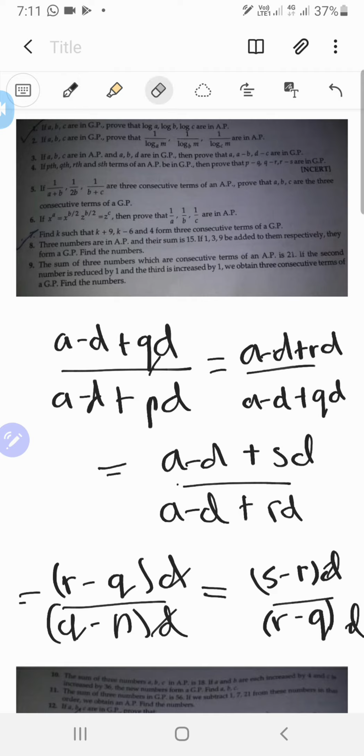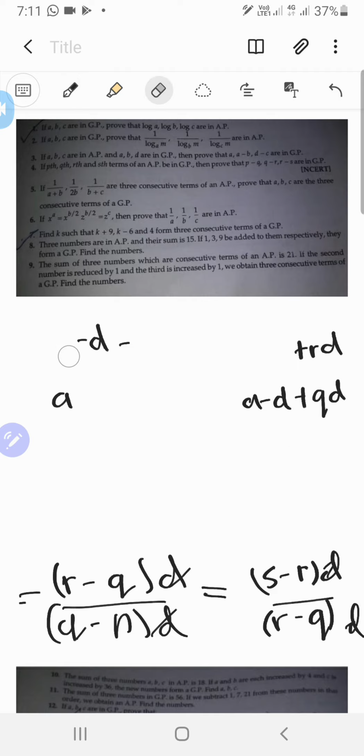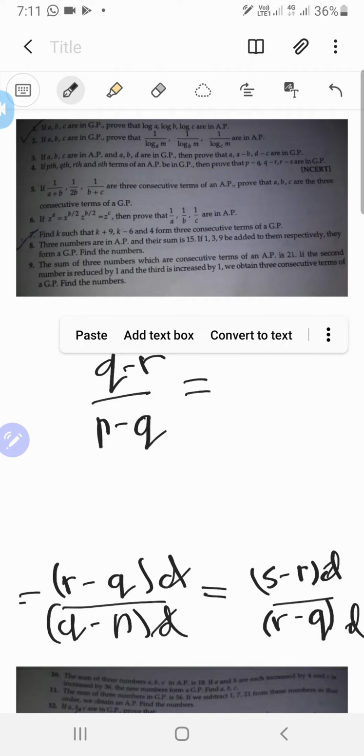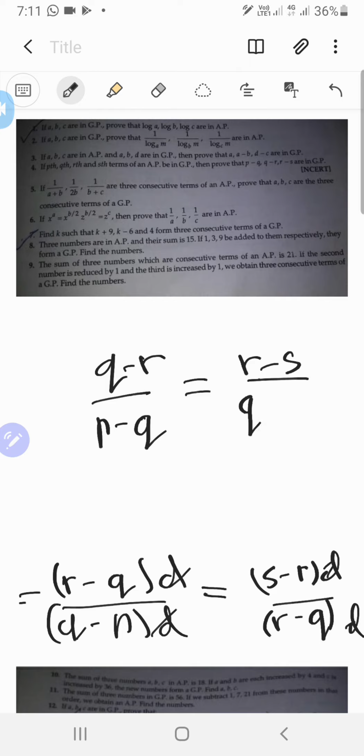We get q minus r upon p minus q equals r minus s upon q minus r, which is exactly what we had to prove. So p minus q, q minus r, and r minus s are in a GP. Cool. Let's go to the next question.